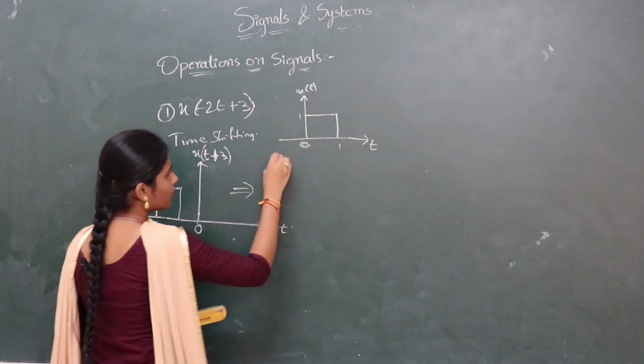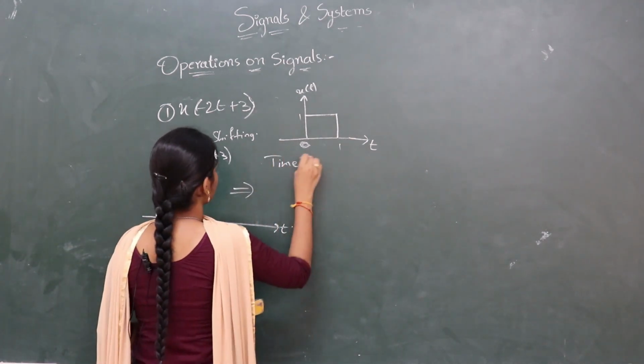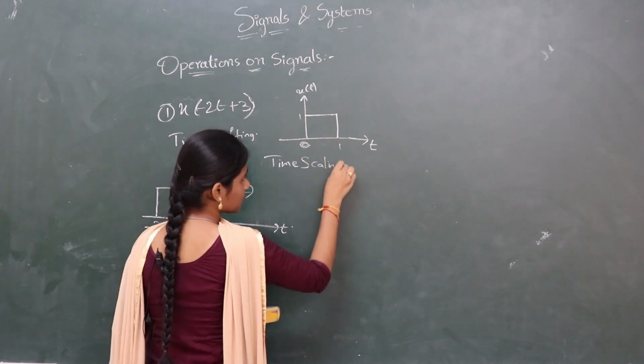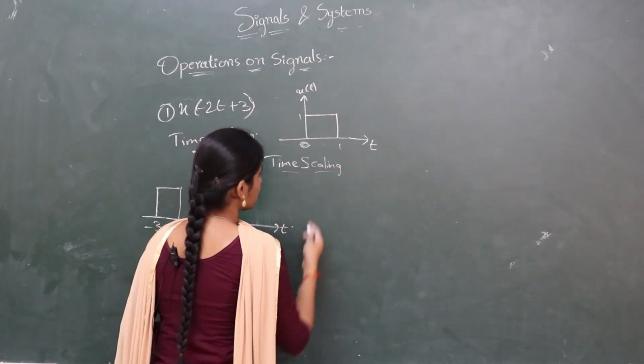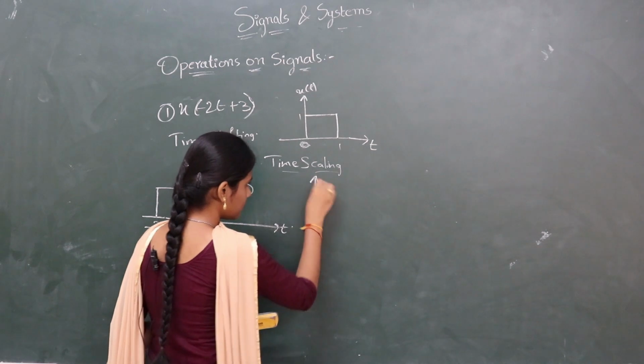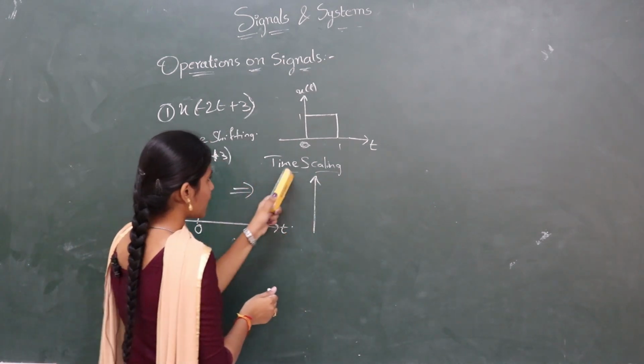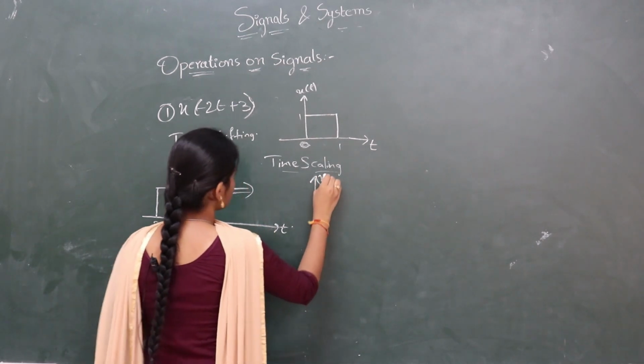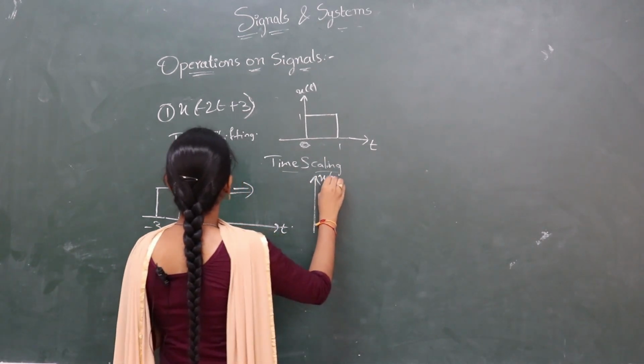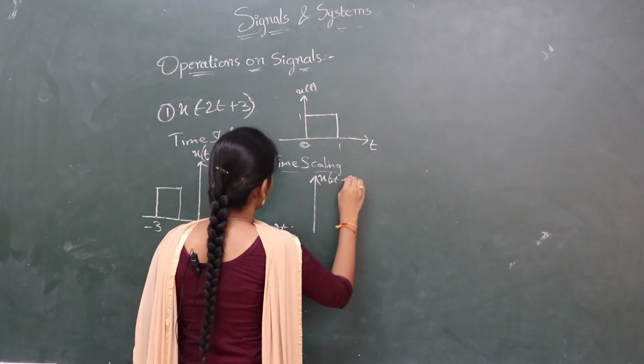Now we are going to perform time scaling. On this signal we perform the time scaling operation, and the signal becomes x of 2t plus 3.